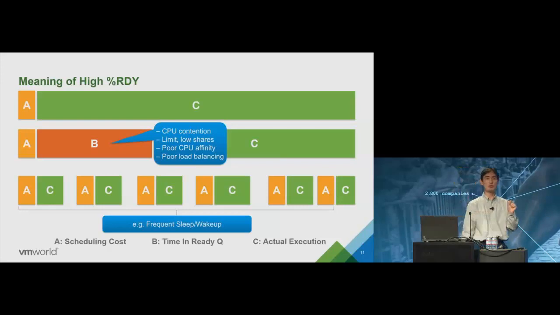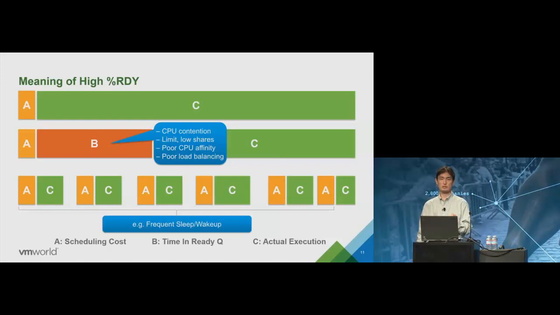So the VM runs a very short while and then goes back to sleep, and almost immediately it is woken up again and then runs very short, and then repeats this process. This is a pretty bad situation.